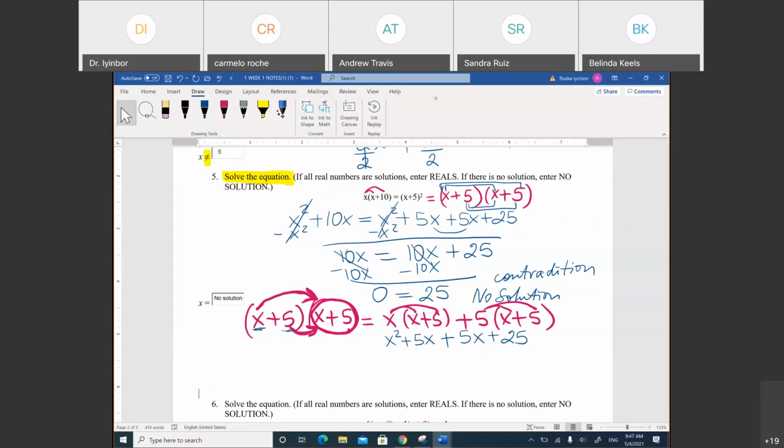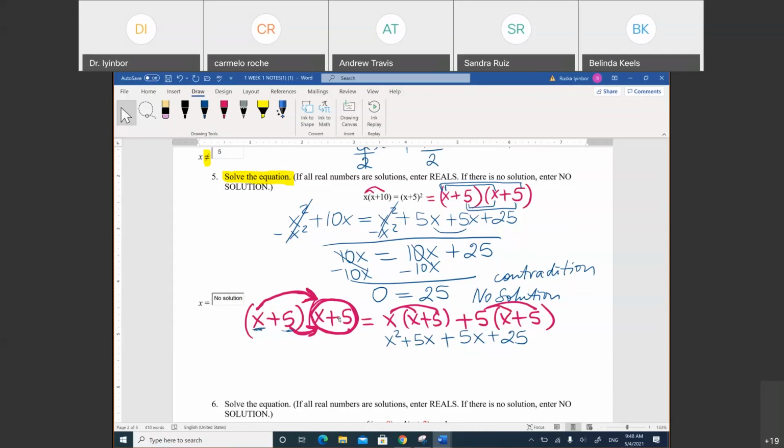Let's see. That's another method of distribution, when you have 2 terms and 2 terms. It even works for many terms, like if you have x plus 5 times x plus 3 plus b, for example. It's going to be like this.